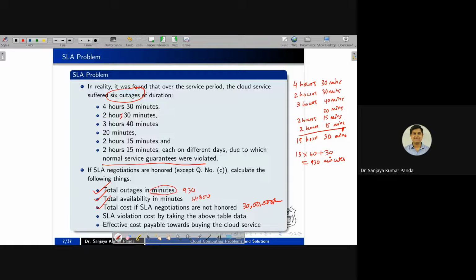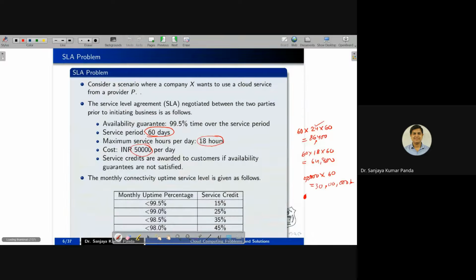Now coming to the next question. The next question asked here is SLA violation cost by taking the tabulated data. If you go for SLA violation cost, I need to find what is the exact availability, or you need to find in which band it falls on this particular table.